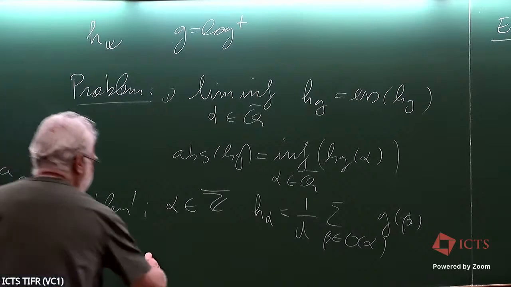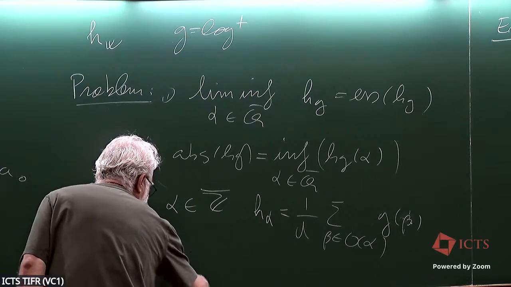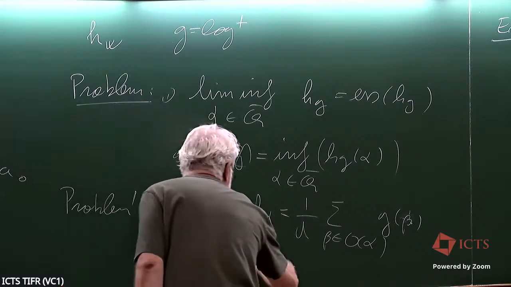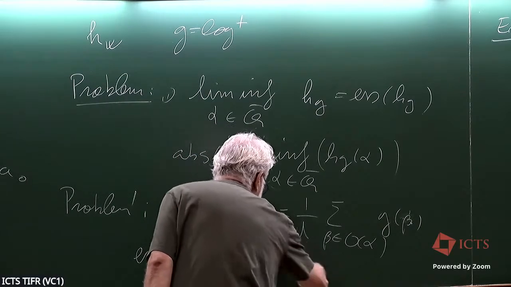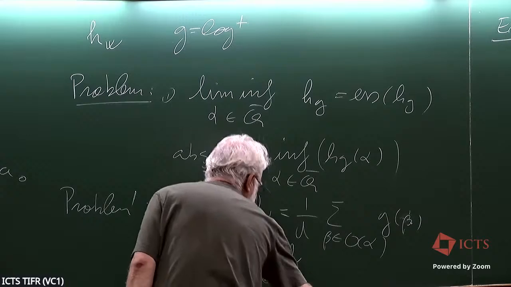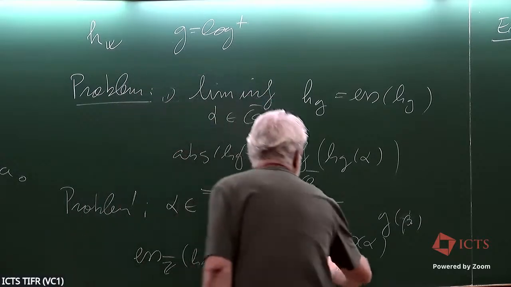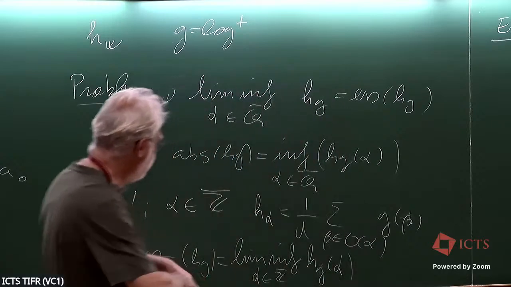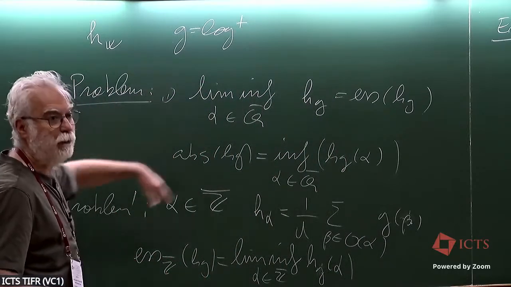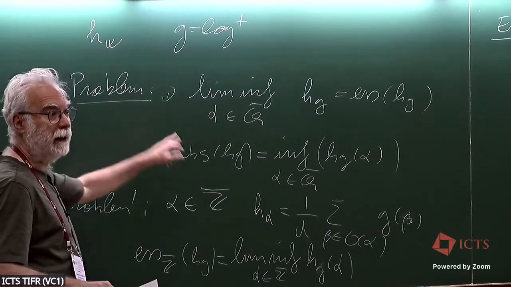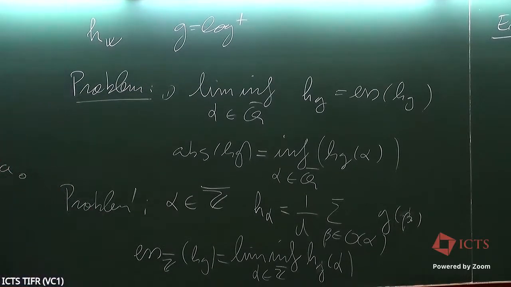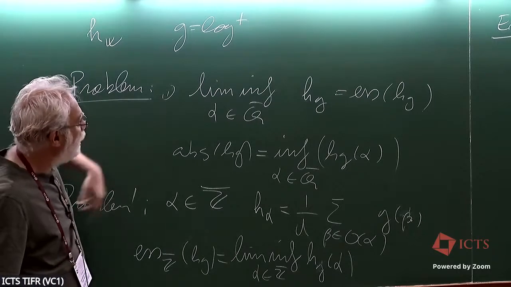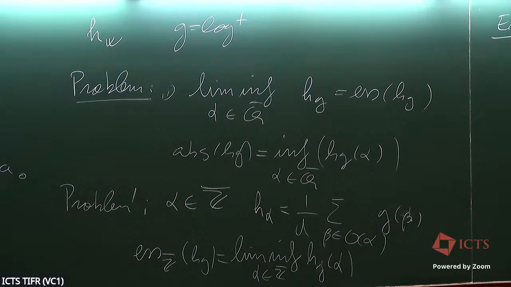And then one can define the integral essential minimum of the height function just as the lim inf for alpha inside Z bar of this h_g of alpha. So it's exactly the same problem, but instead of looking at all possible algebraic numbers, I only look at algebraic integers. And then one can ask, okay, what is the value of this guy? Or in general, whether this guy and this guy have the same value or not, or there is a big difference.